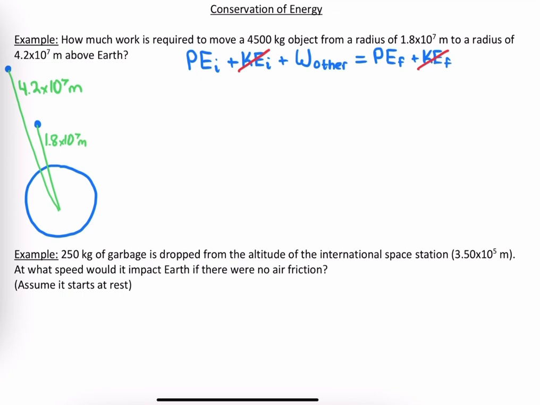Okay, so I think the next step is to then solve for this work. And indeed, that's exactly what the question is asking us for, how much work is done. So let's just rearrange this so I have that work on one side all by itself. I'll leave the work on the left, move everything else to the right.